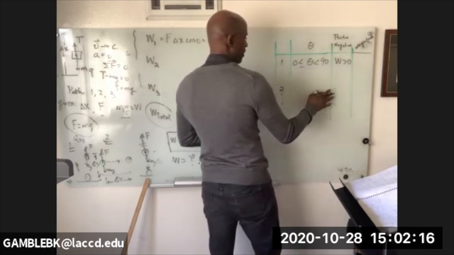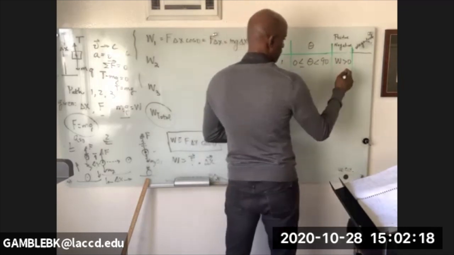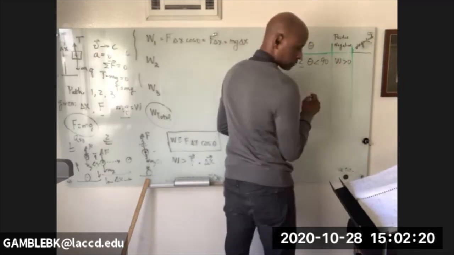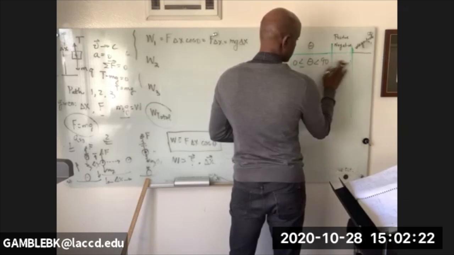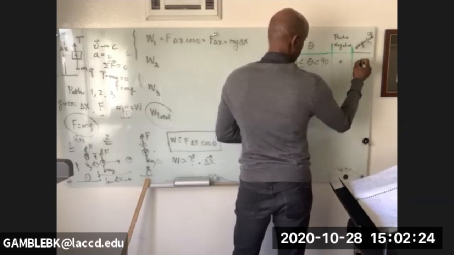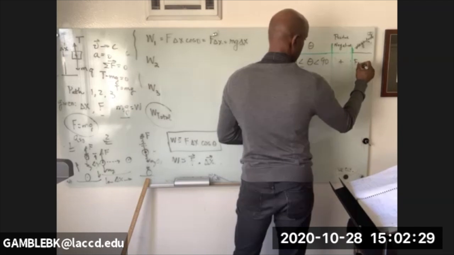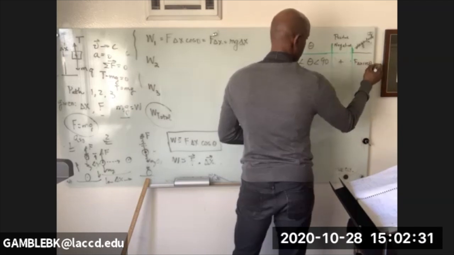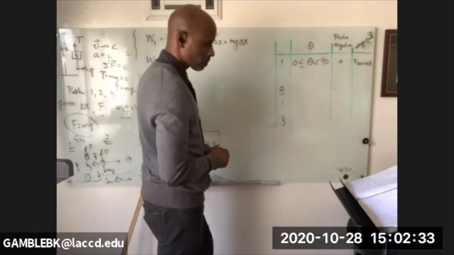So if we're talking about F and delta X, then the work would be F delta X cosine of theta. You have to put all those values in.